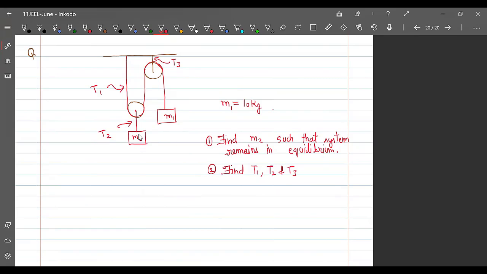Okay, तो इसका एफपीटी बनाना है, दोनों पुलिस का एफपीटी बनाना है. If we call this pulley as pulley 2 and this is pulley 1, तो चारों का एफपीटी बनाना है, दोनों पुलिस का, दोनों मासेस का. एंड सब कुछ इक्विलिब्रियम में है, सो नेट फोर्स 0 होना चाहिए सारी डायरेक्शंस. Draw the FPD and solve this.